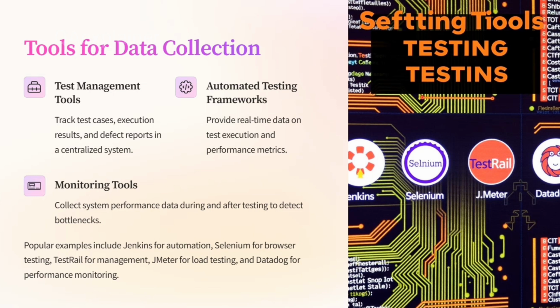We can also use Jenkins for automation, Selenium for browser testing, TestRail for data management, JMeter for load testing, and Datadog for performance monitoring. So these are all tools that we can use for collecting the data, or creating the data.